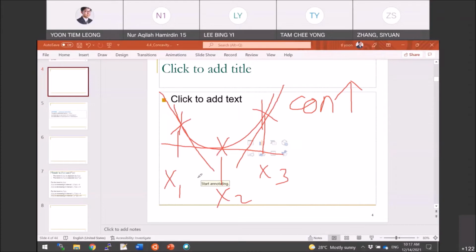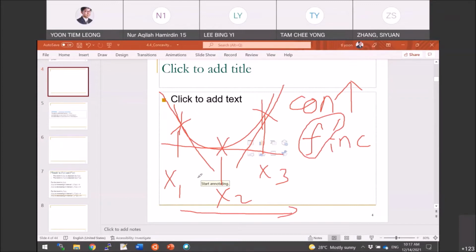What you find is that f prime, the slope of the function, when you move from left to right, becomes more and more positive. So it is increasing. For a graph that has a positive concavity, the derivative is increasing.